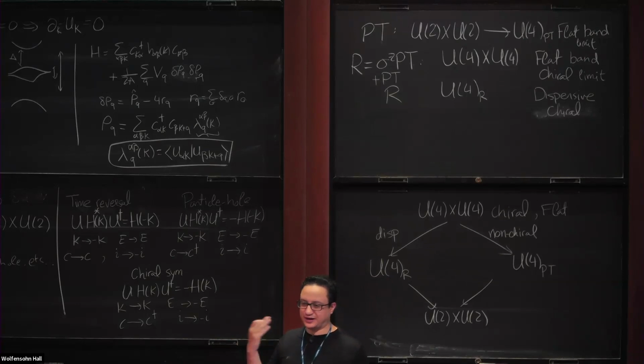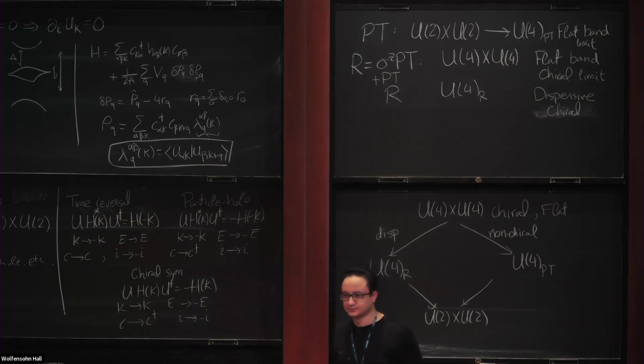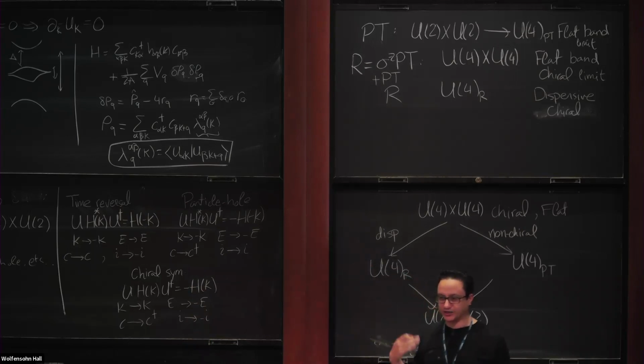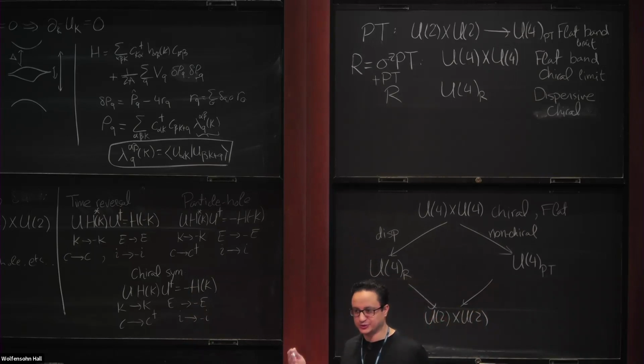If you have an operator that anti-commutes with the Hamiltonian, it maps positive energy states to negative energy states. But at zero energy, it maps states to themselves. The dispersion moves the states away from zero energy, so that's why you cannot promote the particle-hole symmetry to a unitary symmetry, a regular symmetry, when you have dispersion.